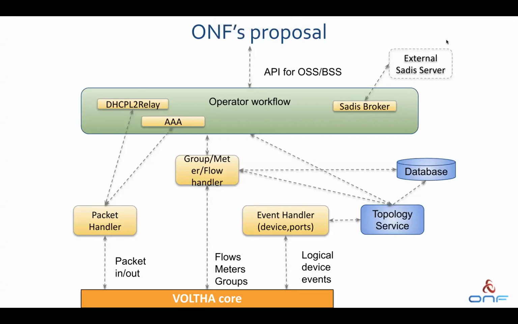So the original proposal from us, Open Networking Foundation, back in January, around that time frame, was this one. Here, there was an internal debate, let me put it this way, around how much to split up in containers and how much to get into one container and just have different classes in the code for the different pieces.